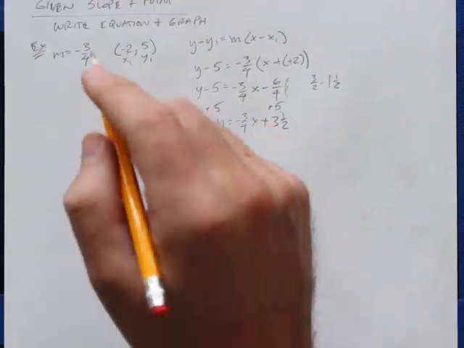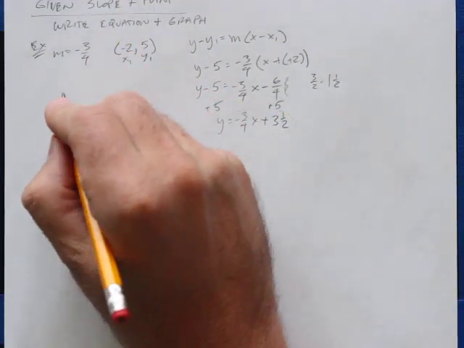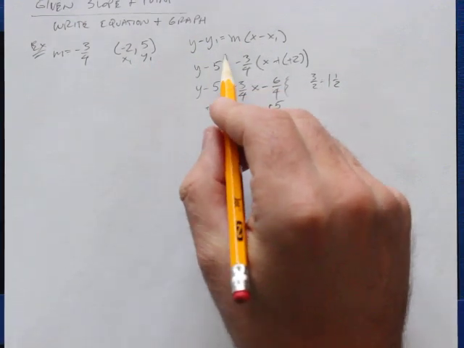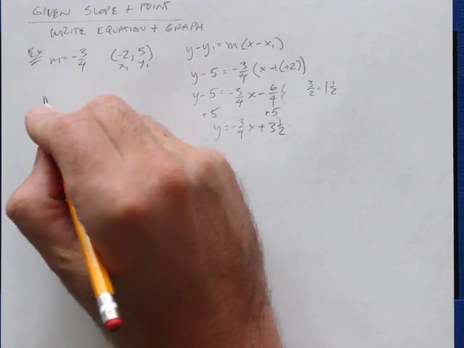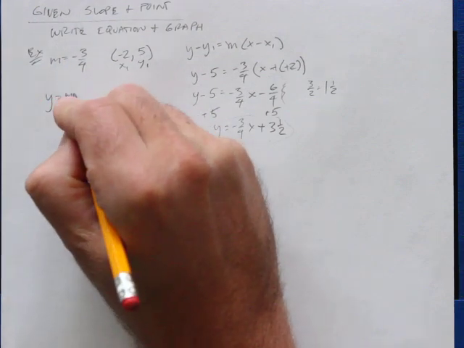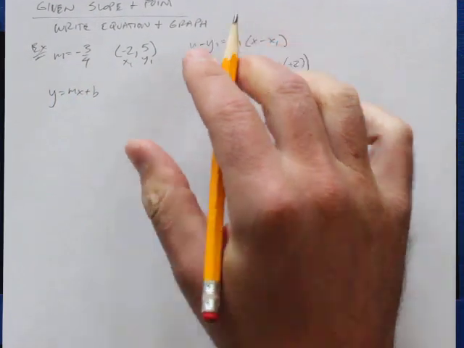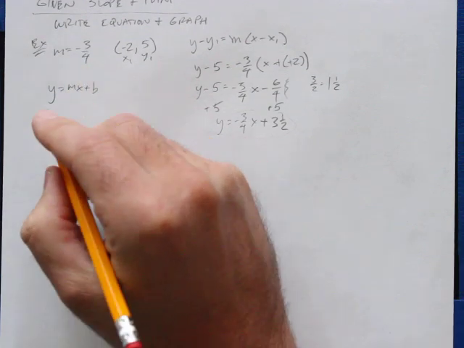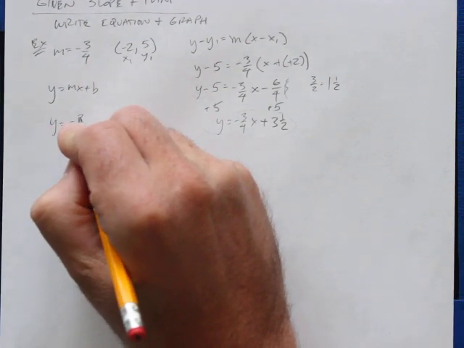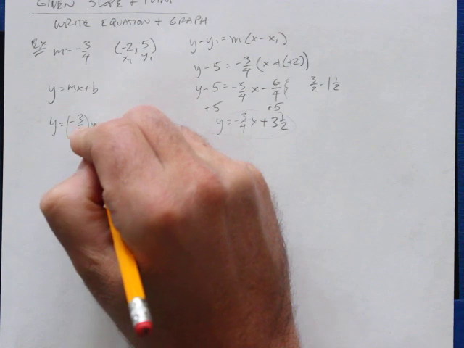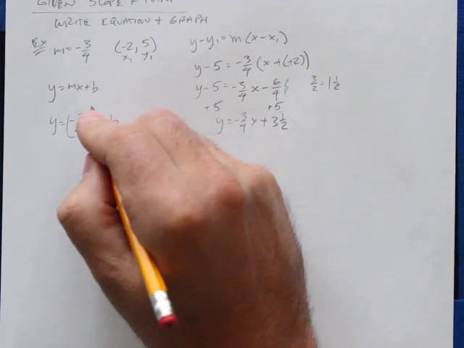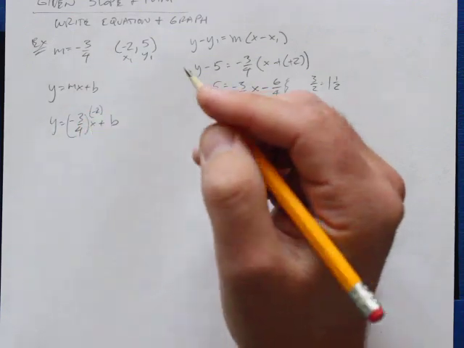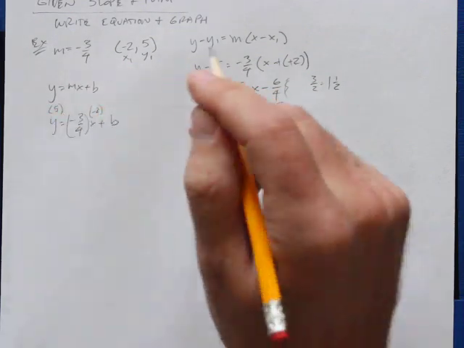But let me show you another way to do this. So the way I like to do this, because I don't want to memorize this formula here, y equals mx plus b. Now I know what my slope is. Y equals -3/4 x. I don't know what b is, but I do have a point that I can plug in here, -2 for x and 5 for y.